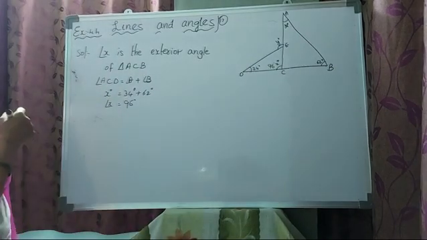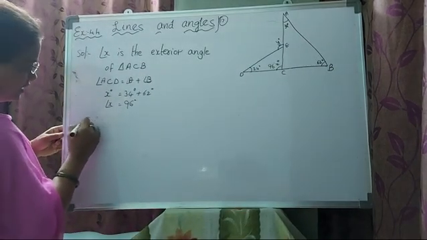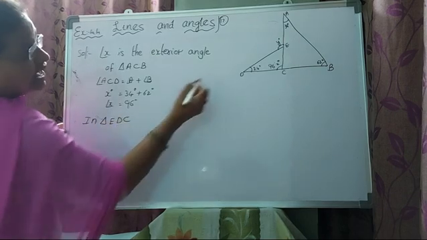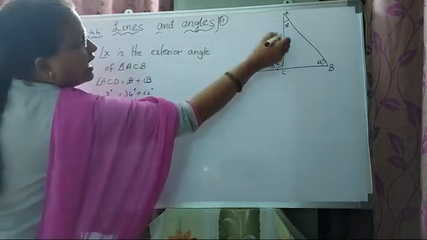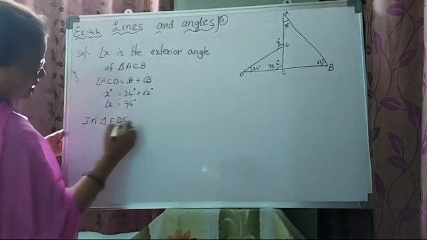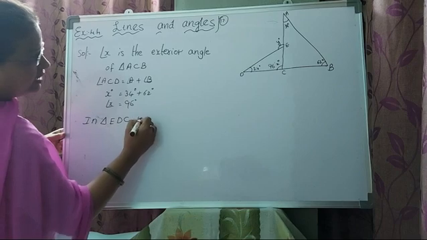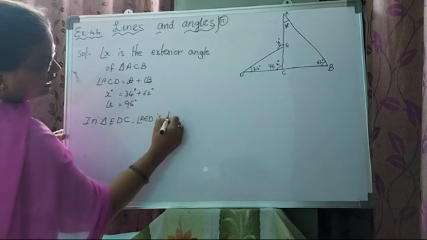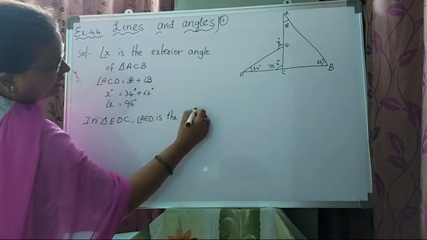In triangle EDC, angle DEA is the exterior angle for this triangle. In this triangle, angle AED is the exterior angle.